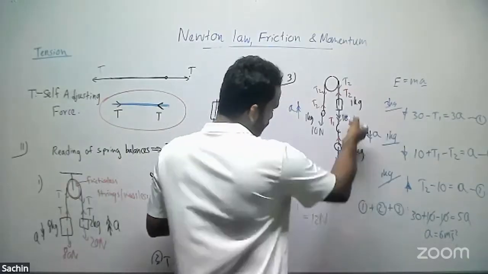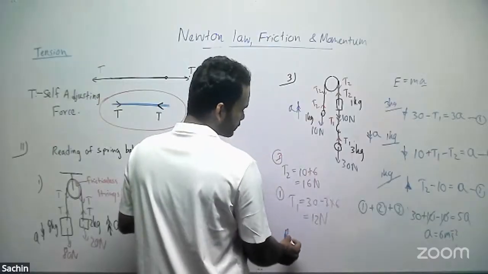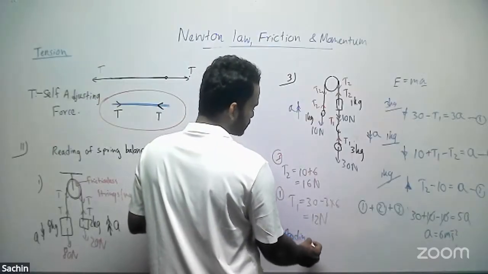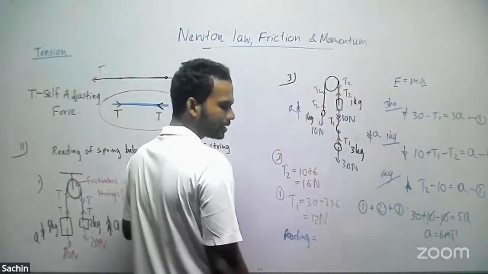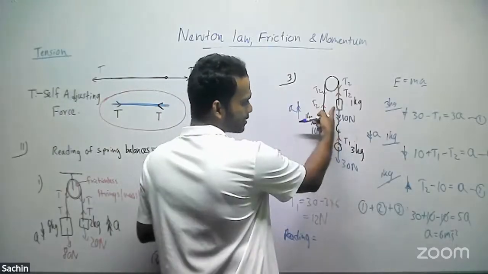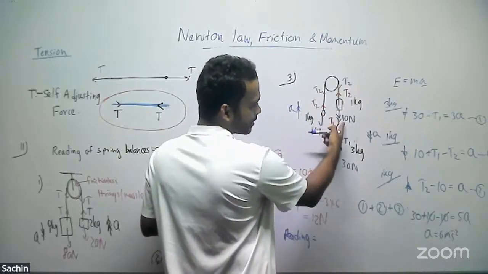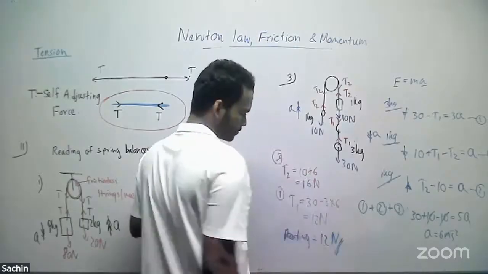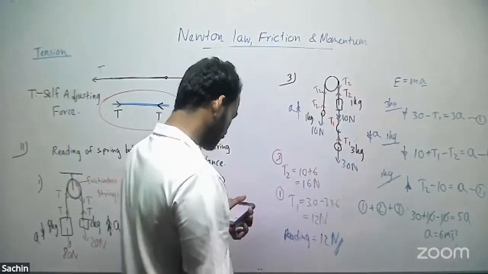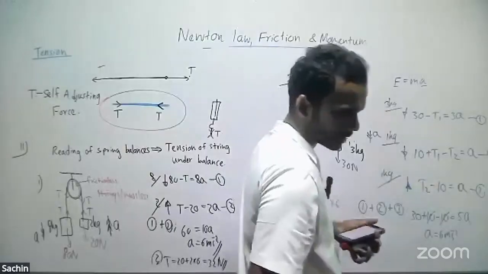So what should be the reading of this spring balance? Reading is nothing but the tension under this balance. The balance is here. The tension under it is T1, this 12 Newton. Reading is 12 Newton.